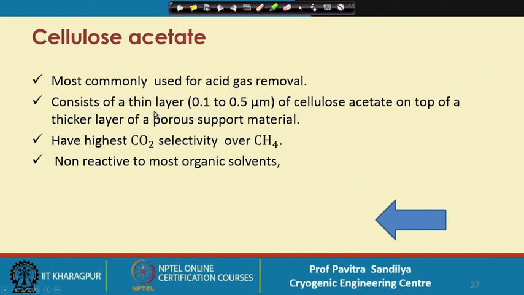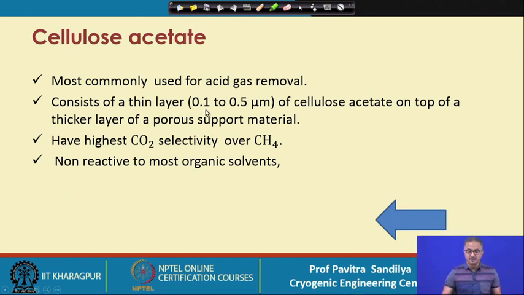and it is the asymmetric membrane we learnt earlier, that is, the skin is about 0.1 to 0.5 micron of cellulose acetate, which is kept on a thick layer of porous material. It has the highest selectivity of carbon dioxide over methane, and it is non-reactive to most organic solvents.